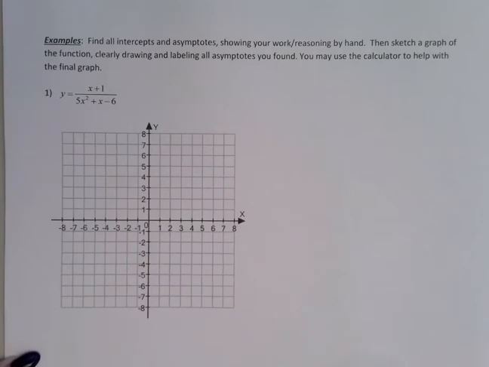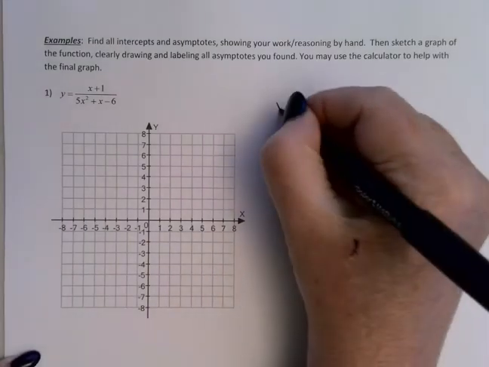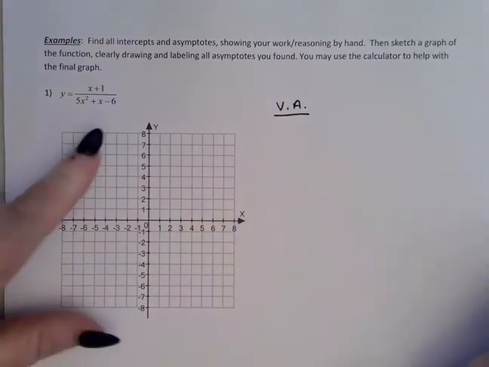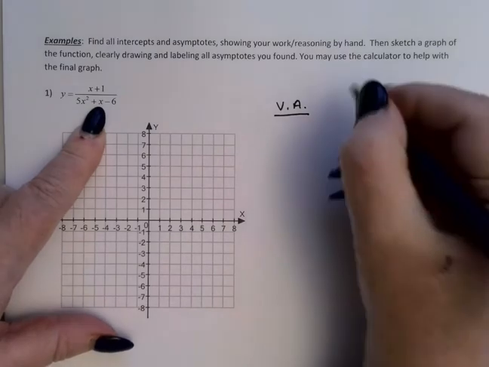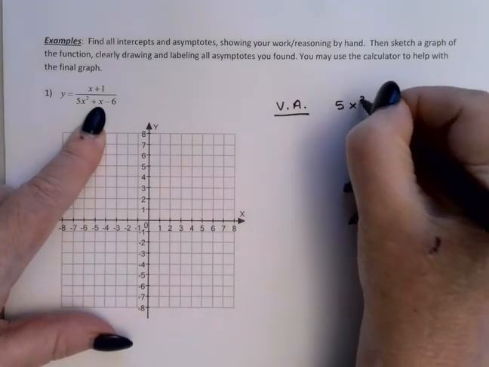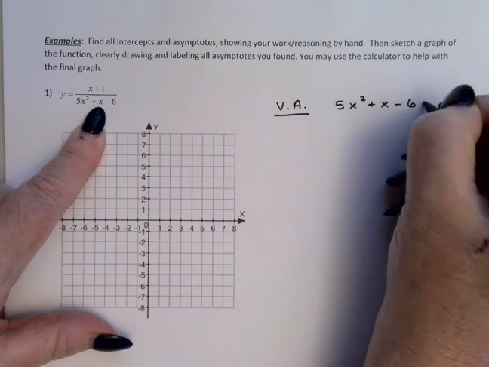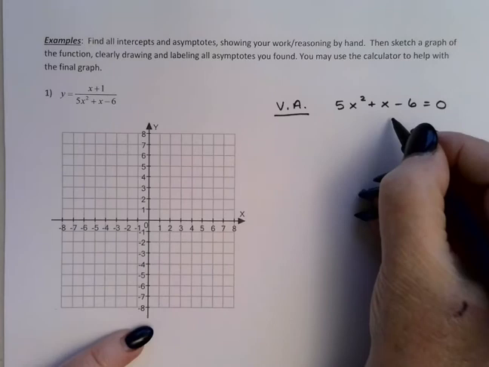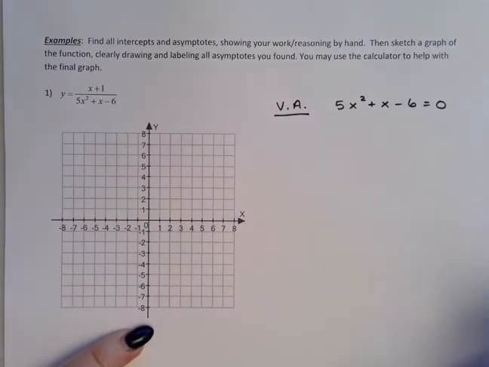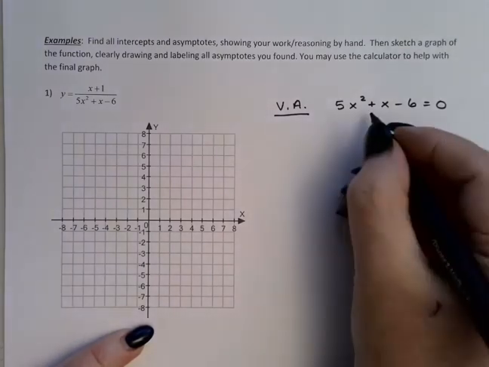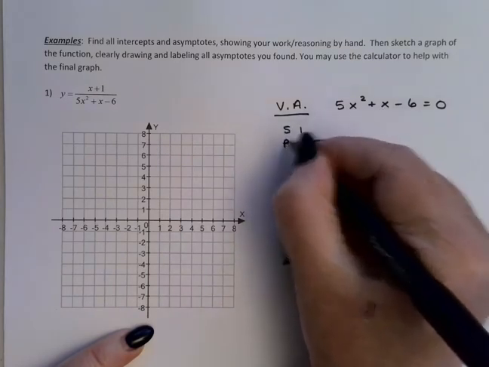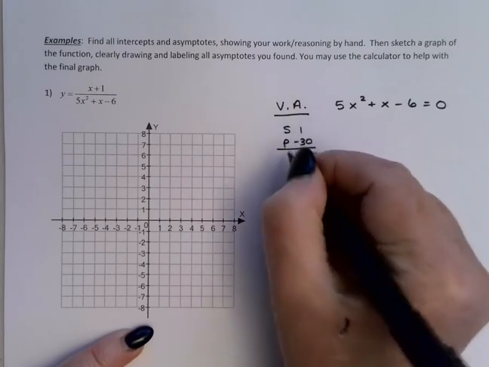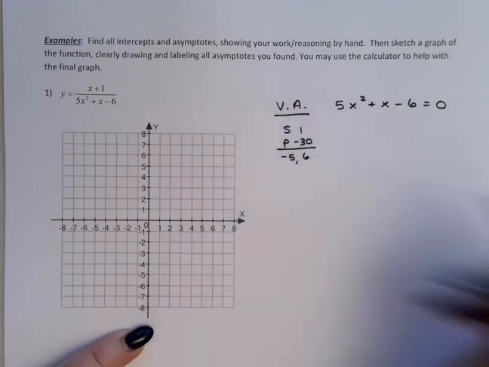Here's our first function. Let's start by finding vertical asymptotes. The vertical asymptotes always occur when the denominator is equal to 0. So if I'm going to solve that, looks like it's just a trinomial, but I don't have an a of 1, so I have to work just a little harder for this one: sum of 1, product of -30. It's going to be a -5 with a +6.